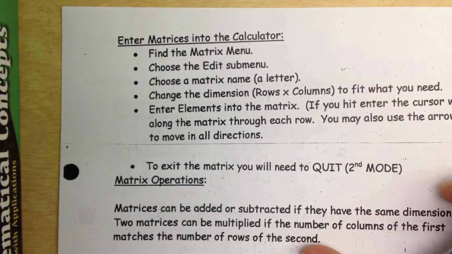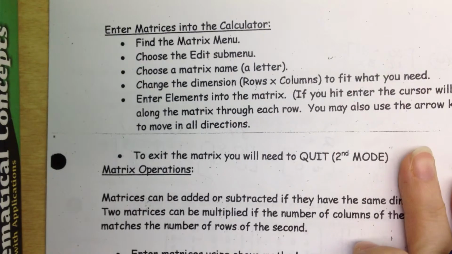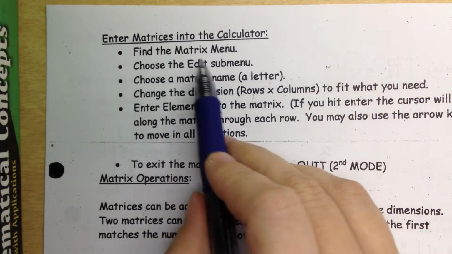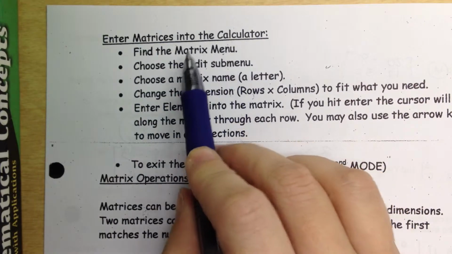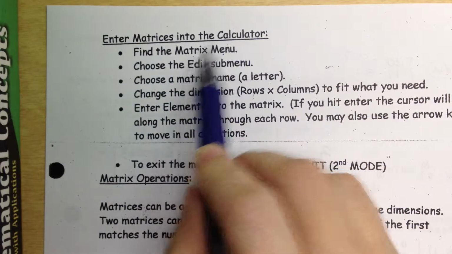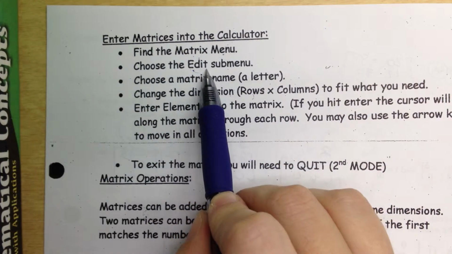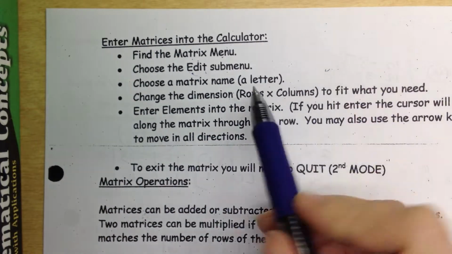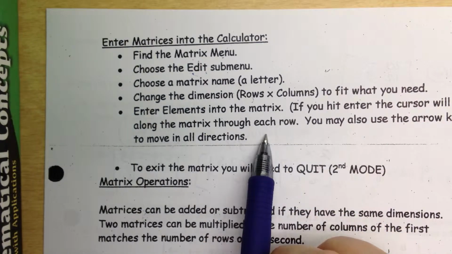Putting matrices in the calculator, all right, I'm going to show this to you, but I want you to know how to do it by hand. So matrices in the calculator, depending on which version of the calculator you may have, it may have a matrix button, or it may be second and then some other button. You get matrix, you have to go to edit, which unfortunately is not the first thing. Pick the matrix you want, tell it how big it is, enter your elements.